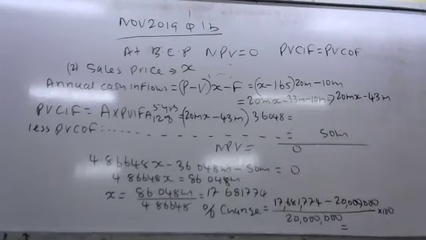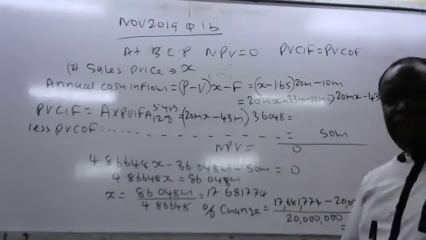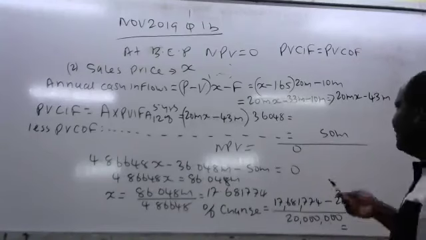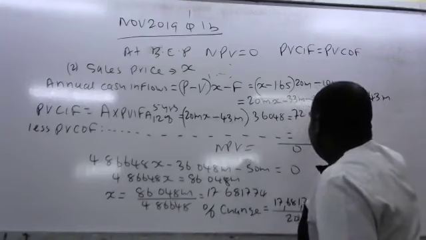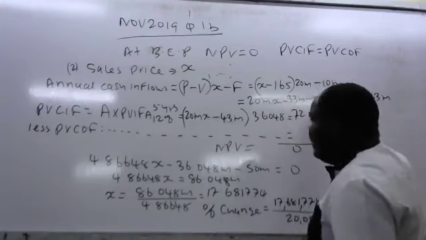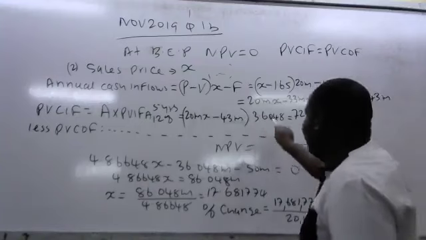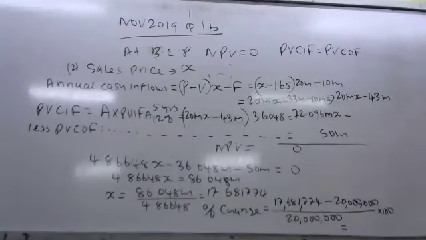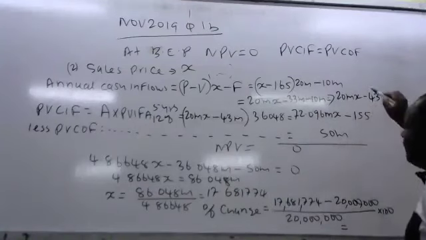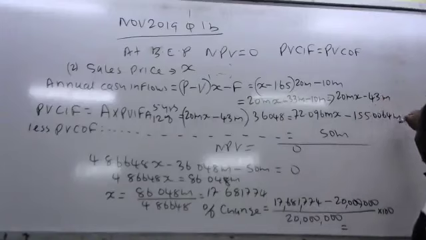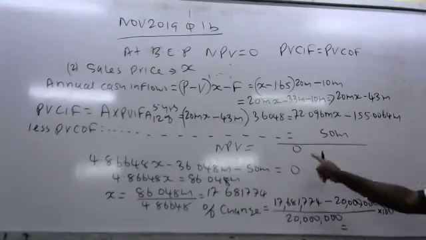So when you take that 20 millions multiplied by 3.6048, that gives 72.0796 million X, and the other one comes to 150 point something. This one will be affected, then NPV equals 0.